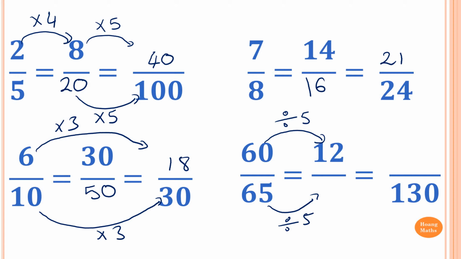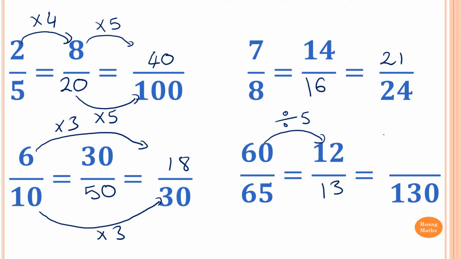So 5 go into 6 is 1, remainder 1. 5 go into 15 is equal to 3. Otherwise, you can just do 65 divided by 5 separately. So it goes 65 divided by 5 like this. 5 go into 6 is 1, remainder 1. 5 go into 15 is 3 times. So that's the answer. So the answer is 13.